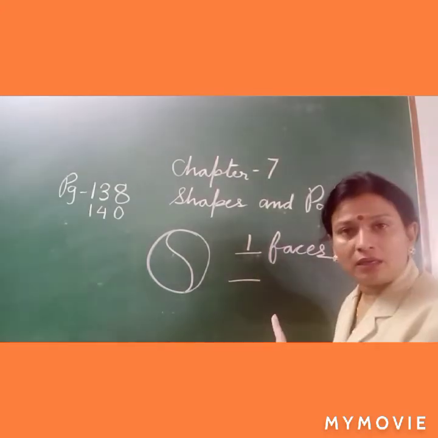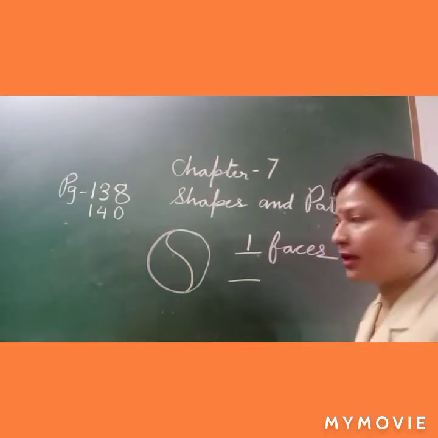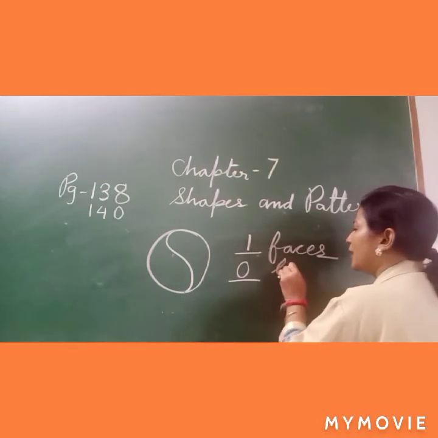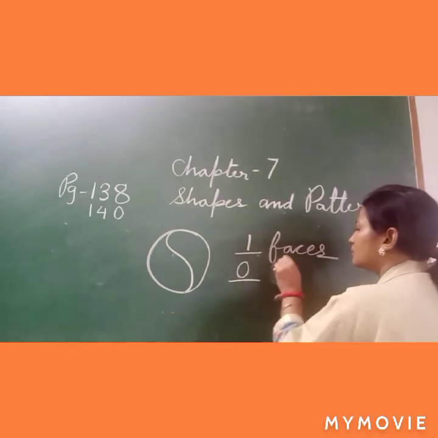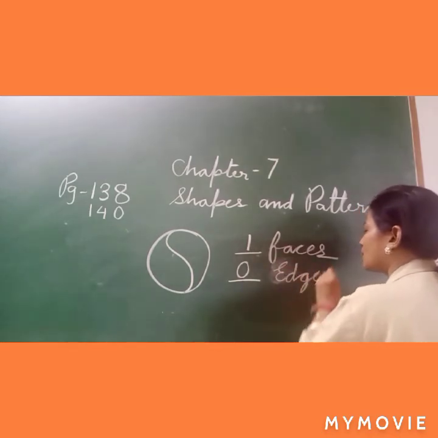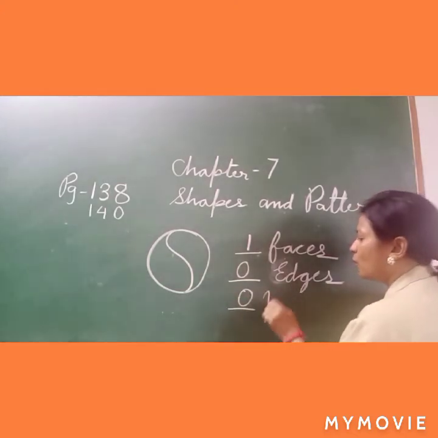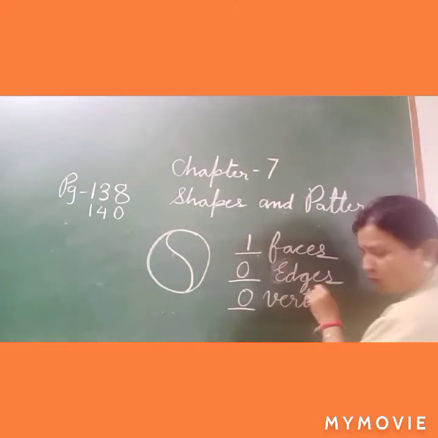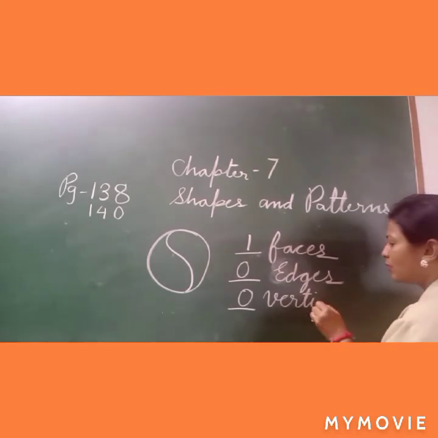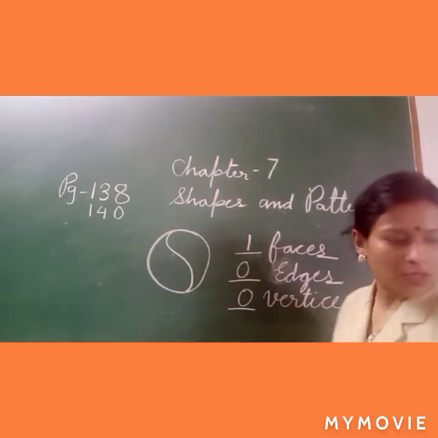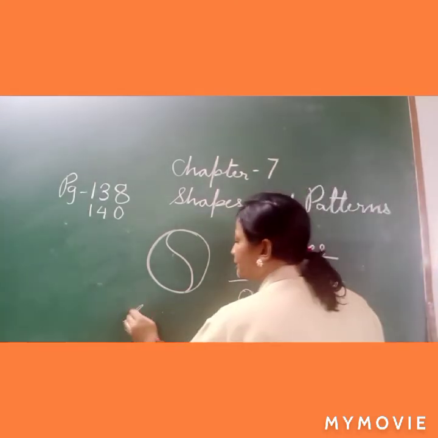No corners are there, no joint lines are there. So, 0 edges and 0 vertices. This is the sphere shape.